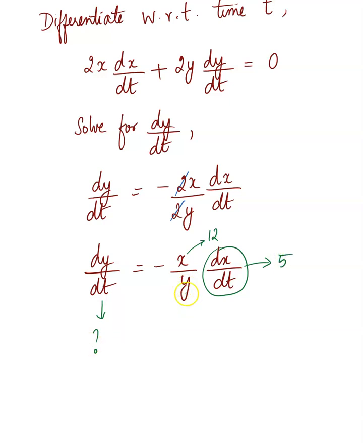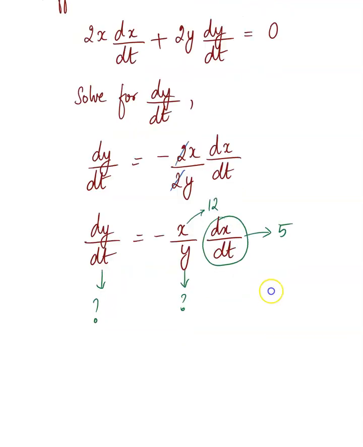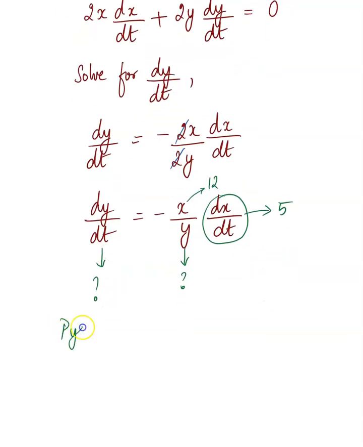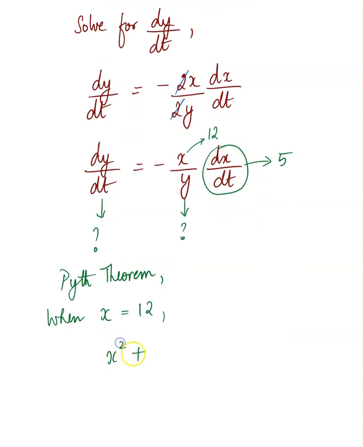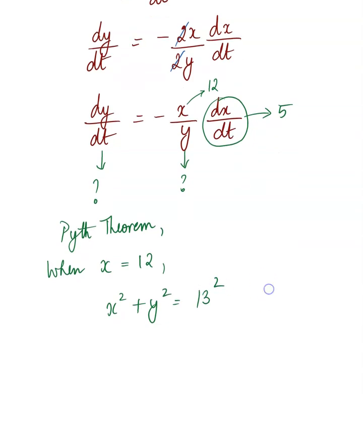But I can't have two unknowns. What is y? Right? You can't have two unknowns. So for that, I'm going to fall back on the Pythagorean theorem. Now remember, this is for that particular instant when your base is 12. So when x is 12, x squared plus y squared equals 13 squared should give us a specific y, isn't it?